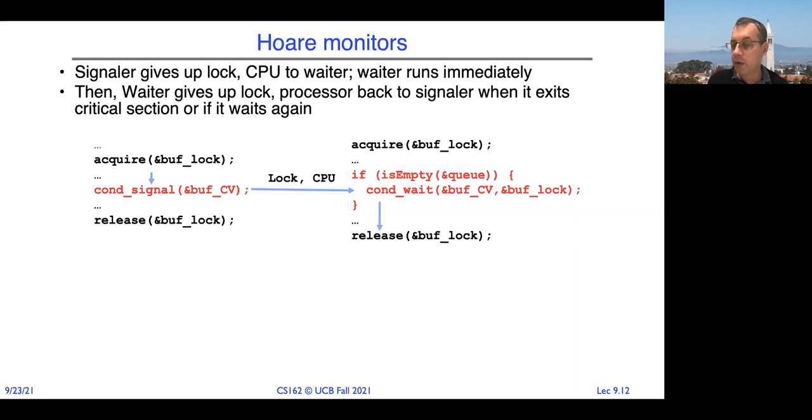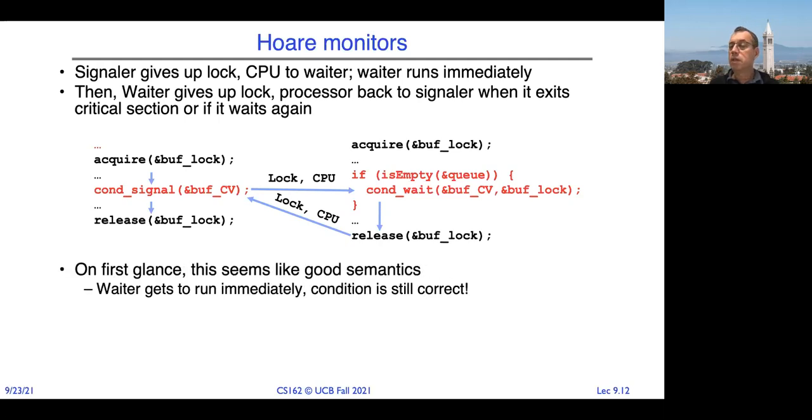You execute it, and at the end it releases the lock, and then you go back and continue to execute the first thread, which signaled the second one. So this is the implementation.